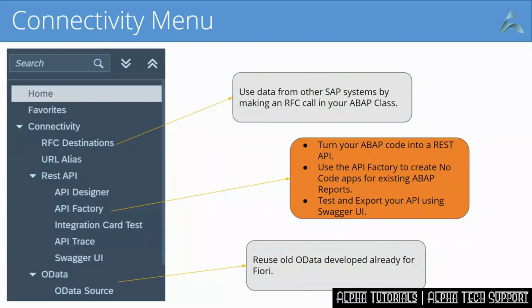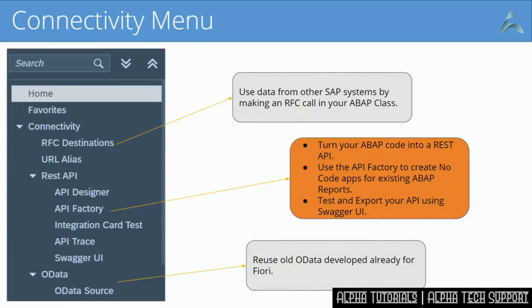API Factory, API Designer. So API Designer is the low-code tool. API Factory is a no-code option. Integration card testing. This I'll actually talk about a little later on in a video, but this is a way of turning your launch pads into dashboards. If you think about executive C-suite type people, they're always looking for KPIs on a dashboard, okay?